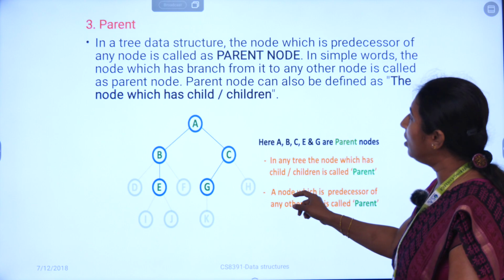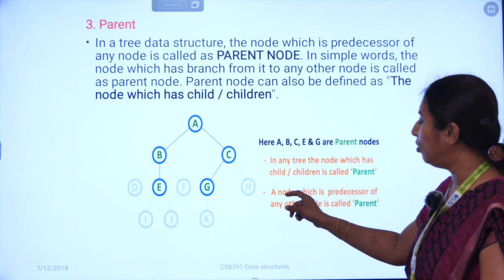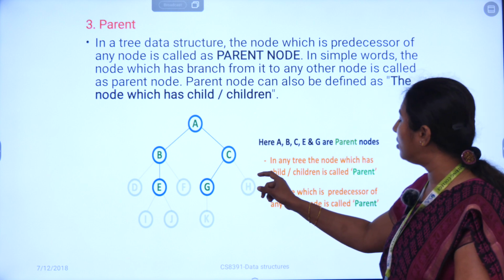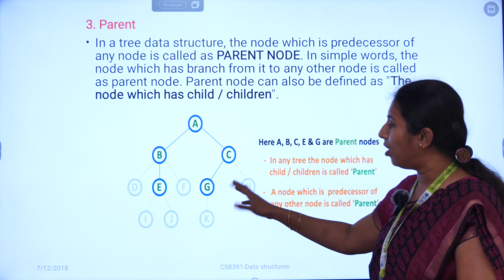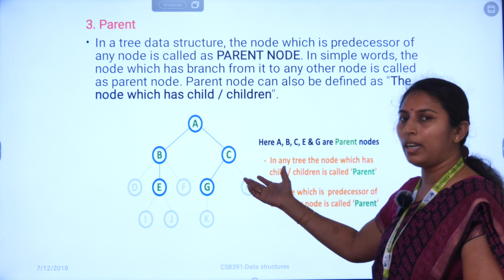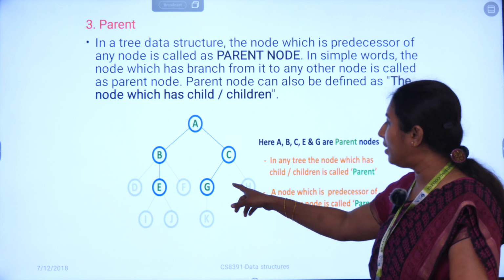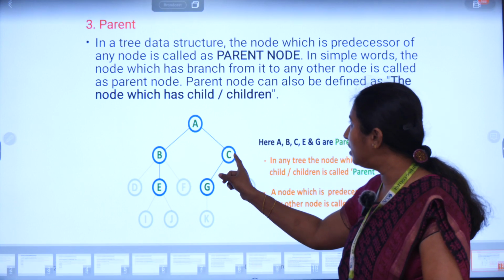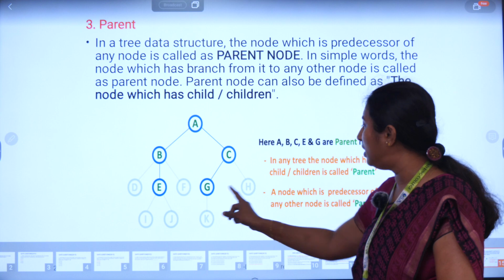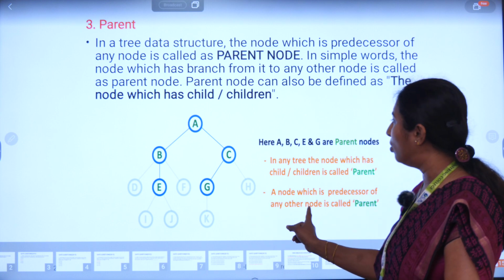And next is your parent. As we know, a parent is a node which has a child. It can have one child or two children. Here A is the parent of B and C, whereas C is the parent of G and H. Likewise it goes.